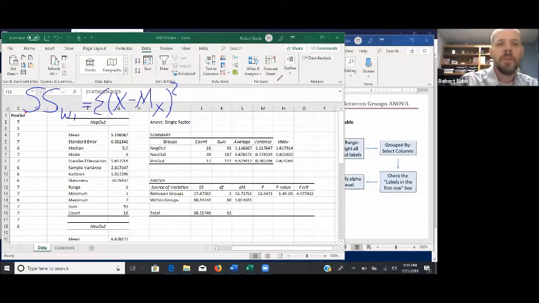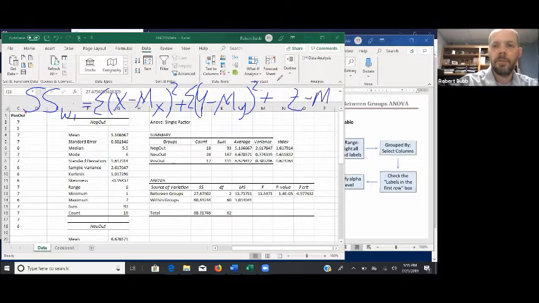So again, sum of squares. And then we would add the values of the next group minus its mean for the second group, squared, summed up, sum of squares. Plus our third group, we'll call it Z, minus the mean for Z, squared, summed up.